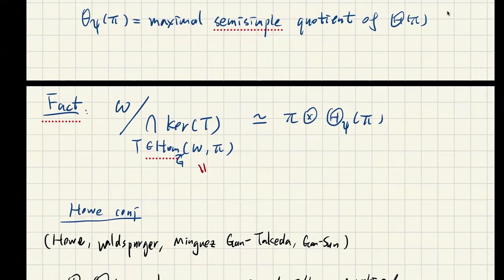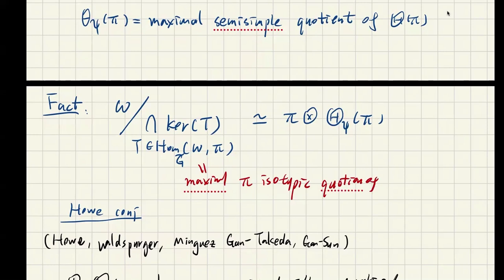So this is the maximal pi-isotypic quotient of omega. You have a quotient map from omega to this one, the maximal pi-isotypic quotient.